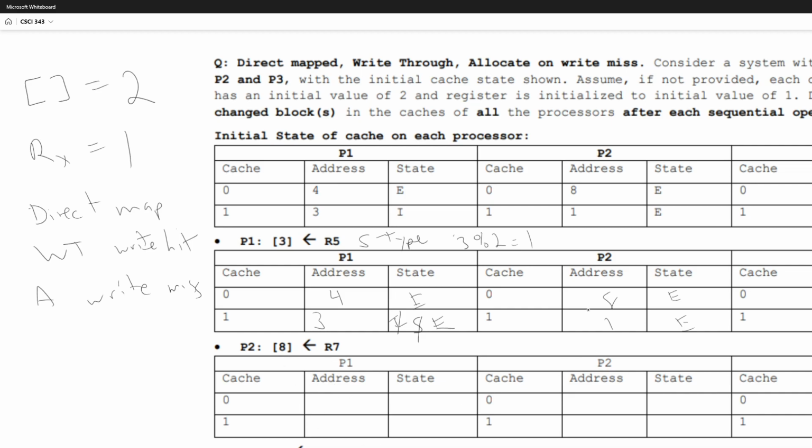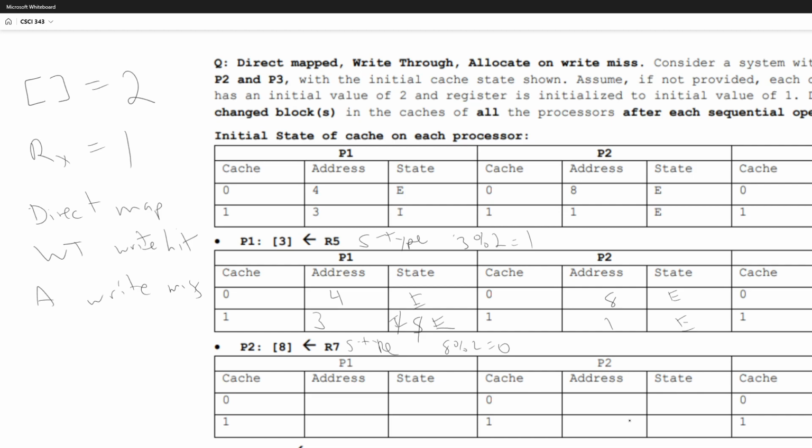Now, processor 2, address, another S type. So 8 mod 2 is equal to 0. So over here, it does have it. It's exclusive.